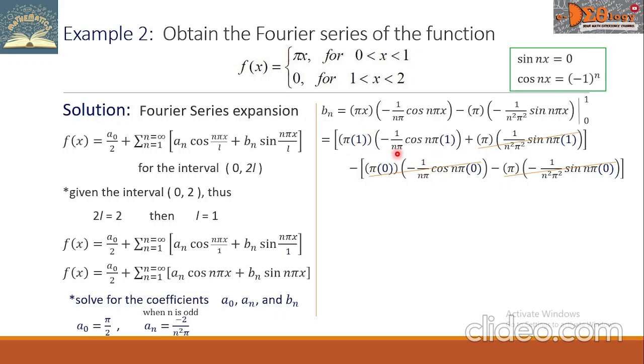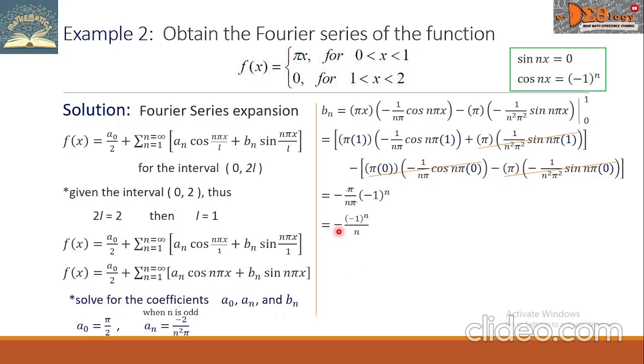Let us simplify this further into negative pi over n pi. This cosine n pi times 1 becomes negative 1 raised to power n. We can cancel this pi in the numerator, and there is pi in the denominator. And the final answer is negative of the negative 1 that is raised to n over n.